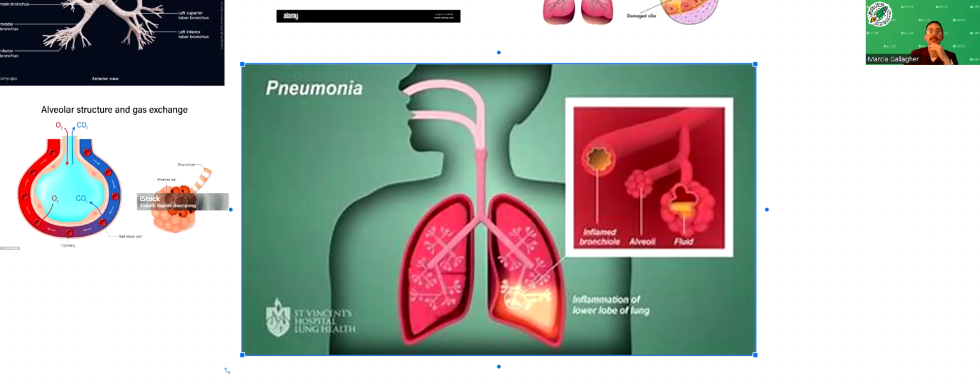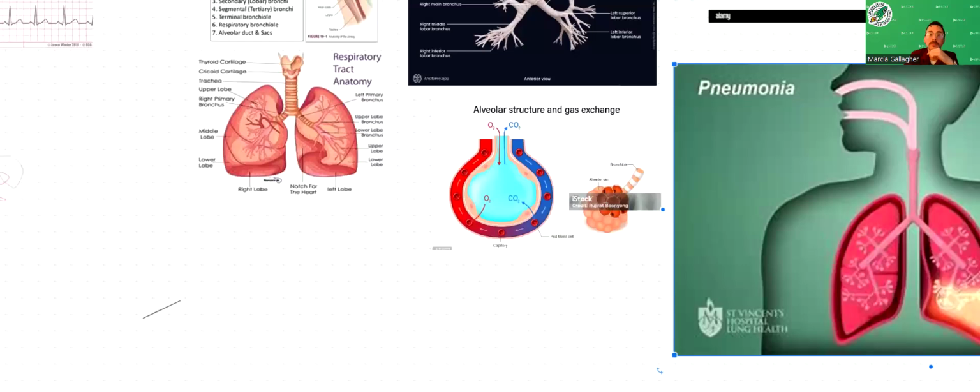A common place that these can get stuck is in the vasculature of your lungs. And so if one of the main arteries that feeds your lungs stops working, your muscle tissue can't work. Your alveoli can't exchange gas. Nothing is functioning properly, and you end up dying very quickly.